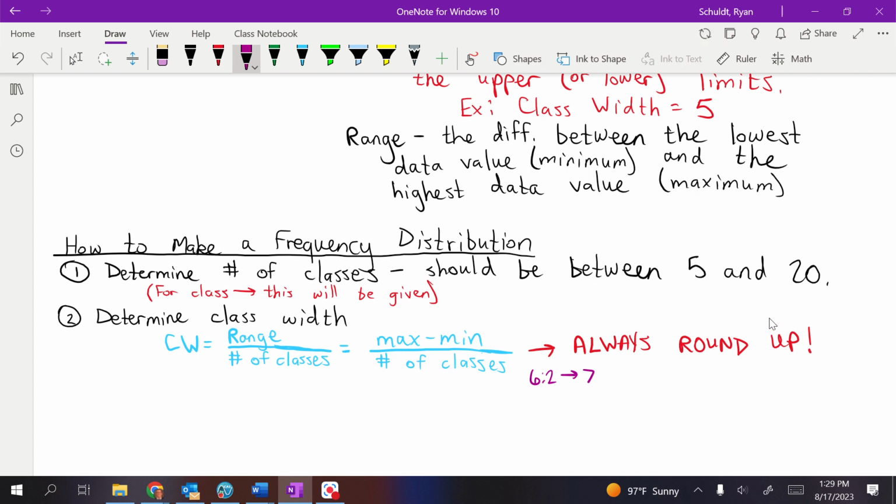Always round up. If it was 7.8, what would that be? If it was 5, 6.